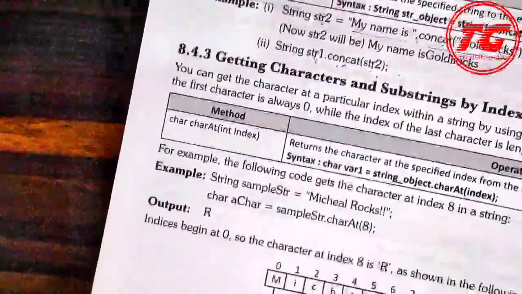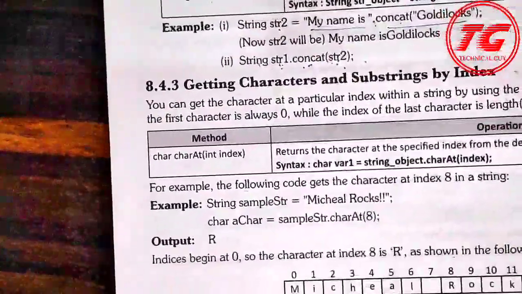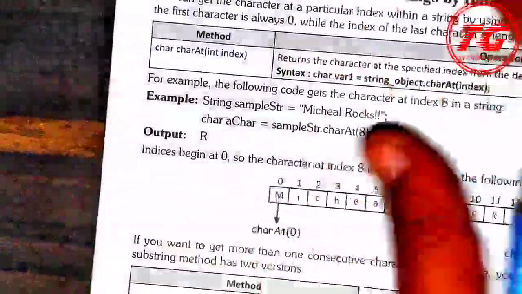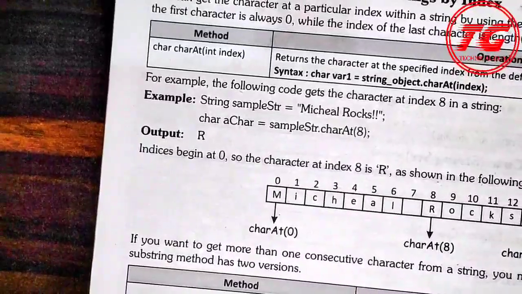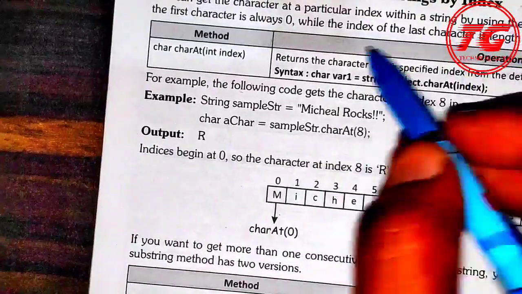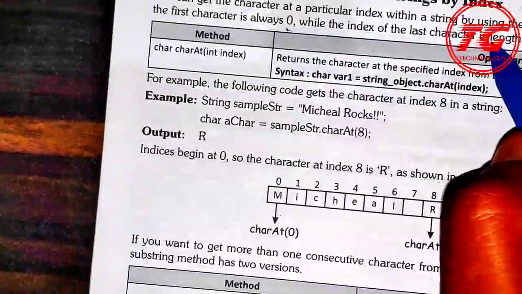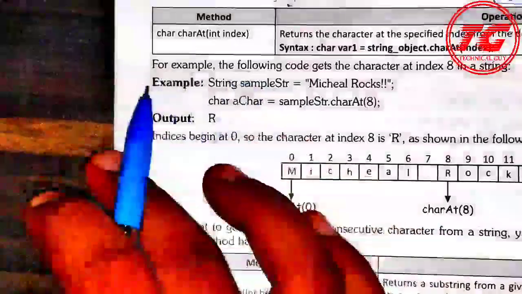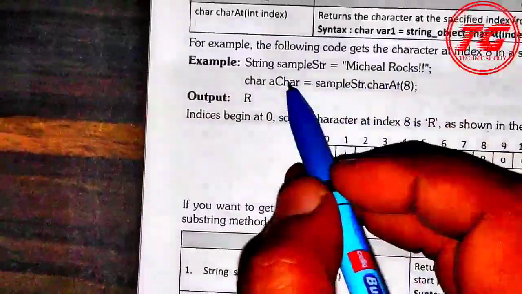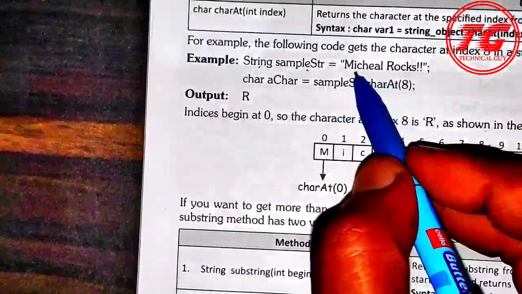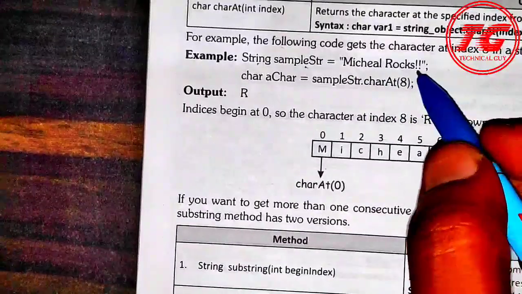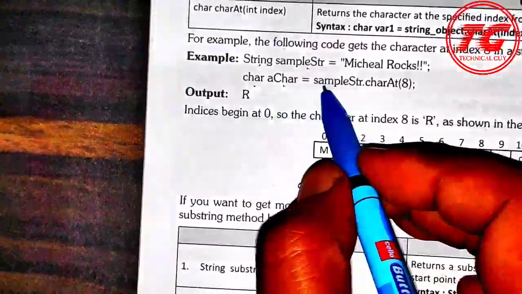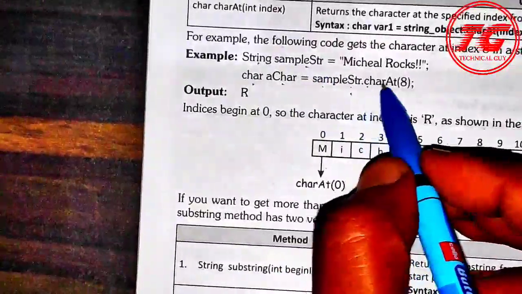Next we have getting characters and substrings by index. Suppose you know the index of a particular character and you want to see which character is at that index, then you can use the charAt method. The first character index is 0 and the last character index is always length minus 1. Let's take this example. Here we have a sample string, Michael rocks. Here we have taken a character variable and sampleString dot charAt 8.